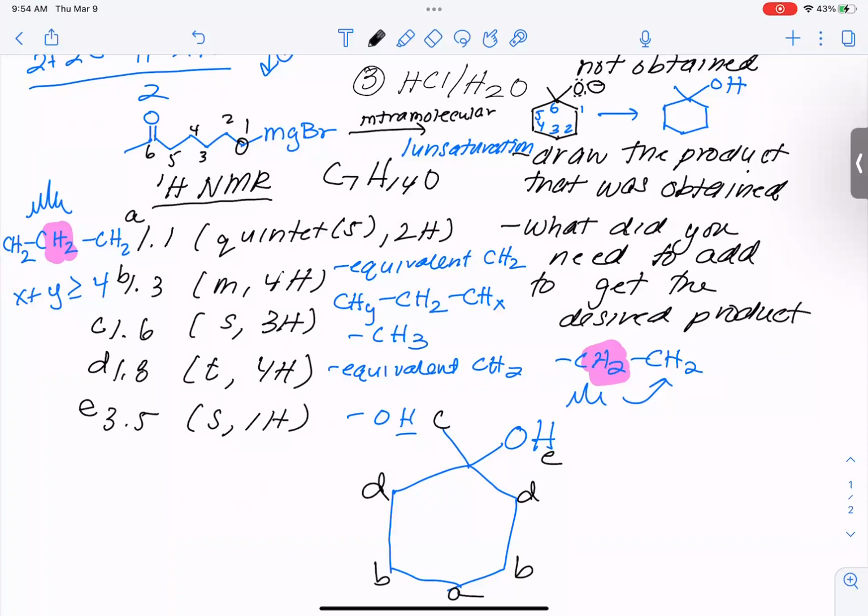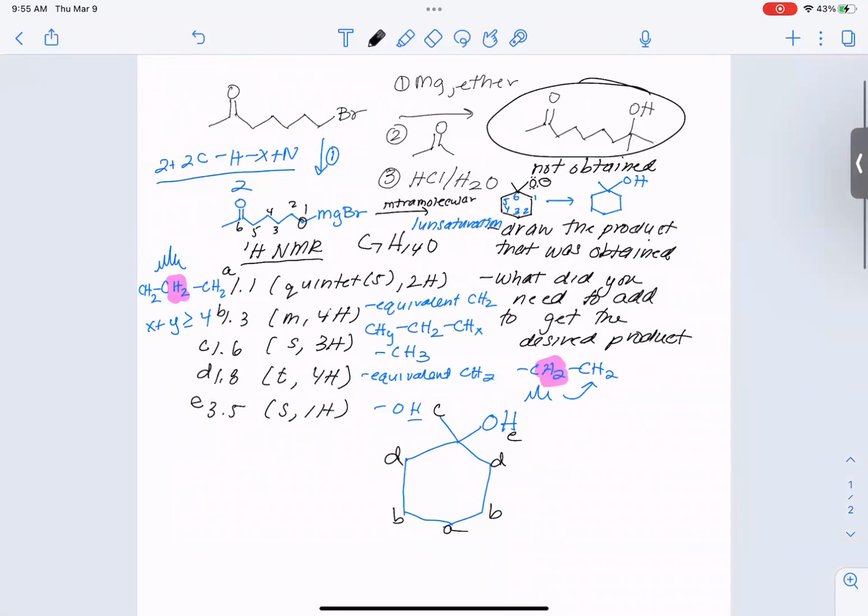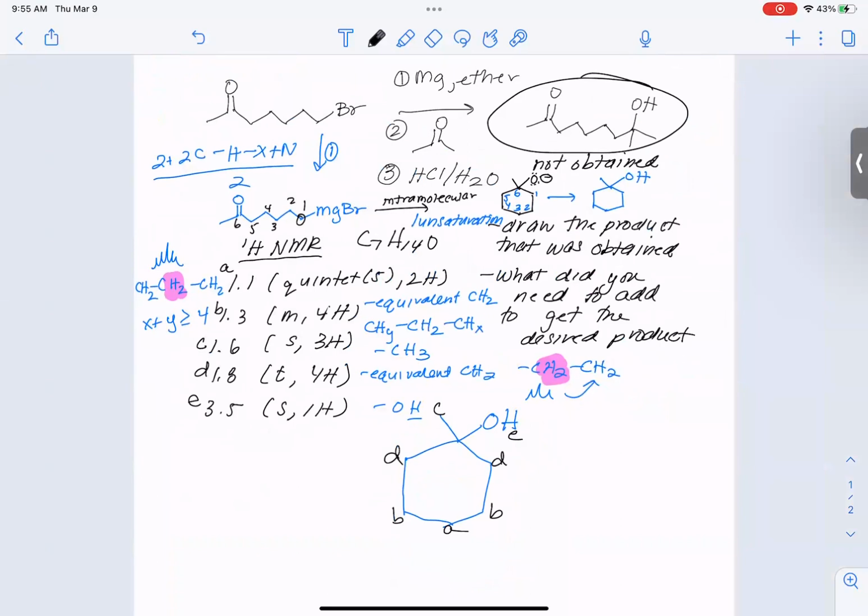You will have an NMR problem on this part too this time around. All right. So what did I need to do so that I could have obtained the product that I wanted? So I would have gotten that tertiary alcohol. You had to protect the carbonyl.